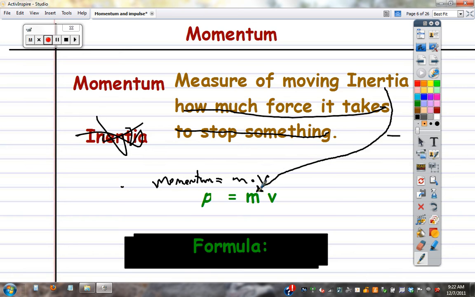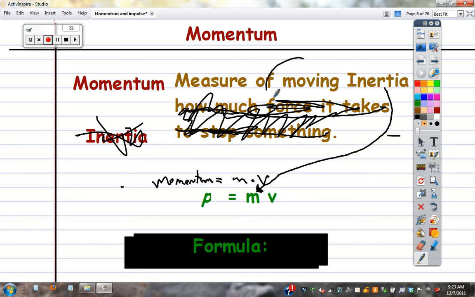The more mass you have, the more inertia you have. An object at rest will stay at rest, and the more mass it has, the harder it will be to move. An object in motion will stay in motion, and the more mass it has, the bigger tendency it has to stay moving. And then the moving part of this definition, moving inertia, well, there's velocity. So it's moving inertia: mass times velocity.